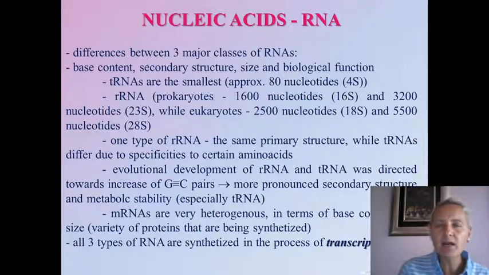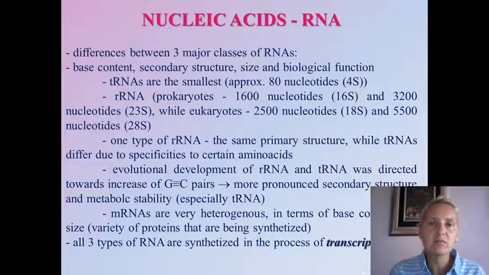Their variety: rRNAs are pretty unique. There are just several types of rRNA, and there are slightly more types of tRNA, for example, like 60, and there are a huge number of different mRNAs. And they also, of course, differ upon their biological function.